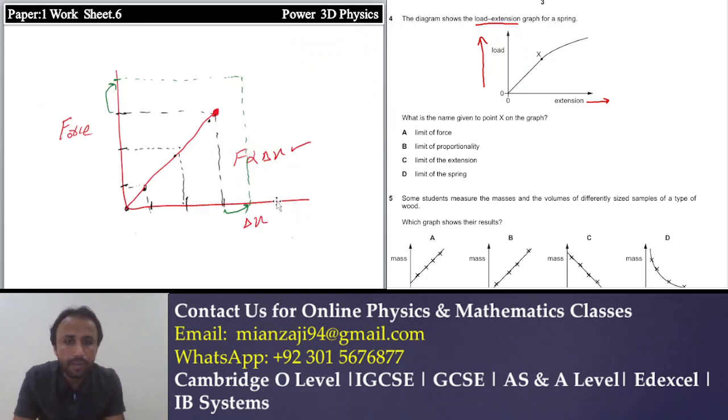It means we are not right at that point. We are at that point, 10 centimeters. So this is not the case with this point. This is the case with this point. So now the graph is going to bend at this point.